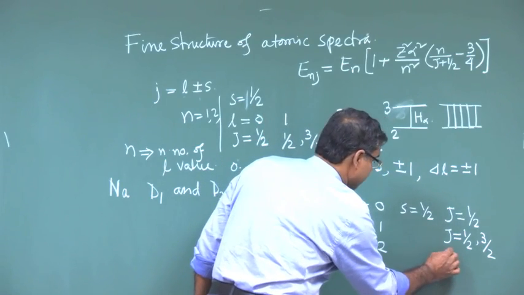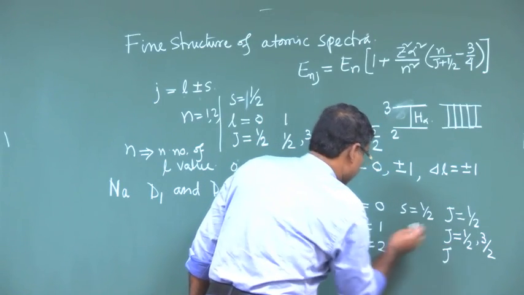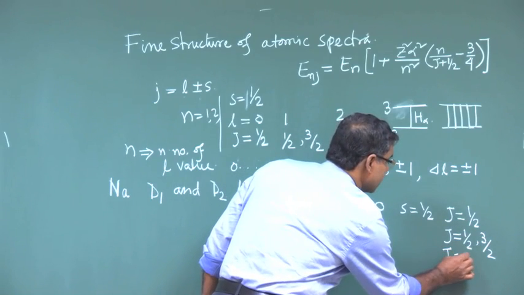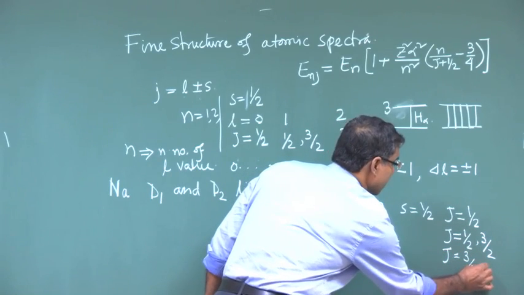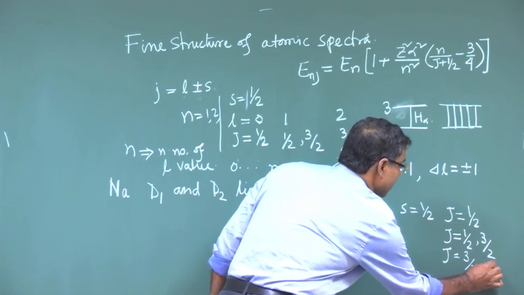Similarly, for L equal to 2, J equal to 3 by 2 and 5 by 2.